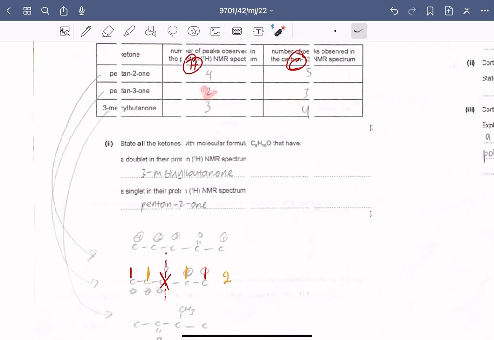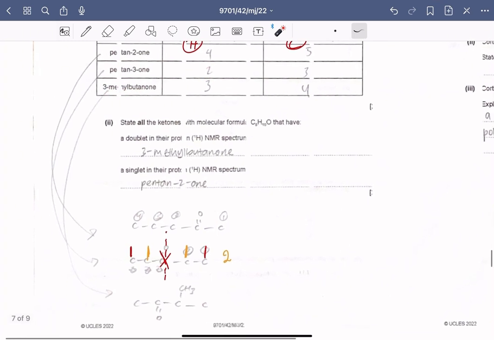Next, 3-methylbutanone. The parent chain has 4 carbon atoms, so butane with a 3-methyl on carbon number 3. There is a methyl group and a ketone. There's no way the ketone is at the ends because that forms an aldehyde, so the ketone is in the middle. The only choices in the middle are either here or here, but this has 1 H here, and therefore it cannot be occupied by a double bond O. 1, 2, 3, 4, the carbon has maxed out its number of bonds.